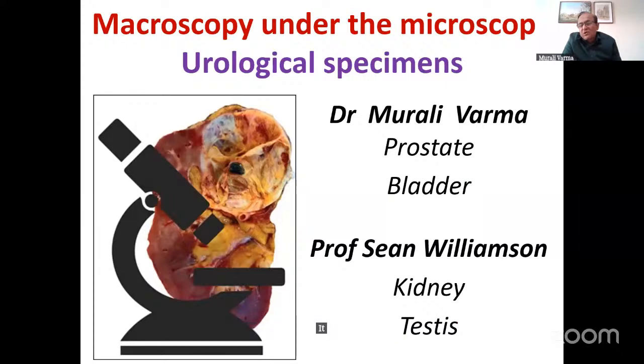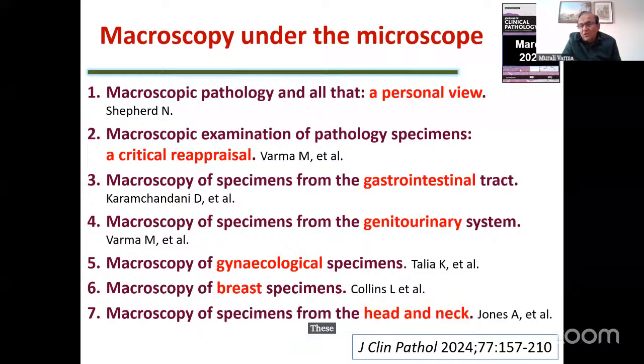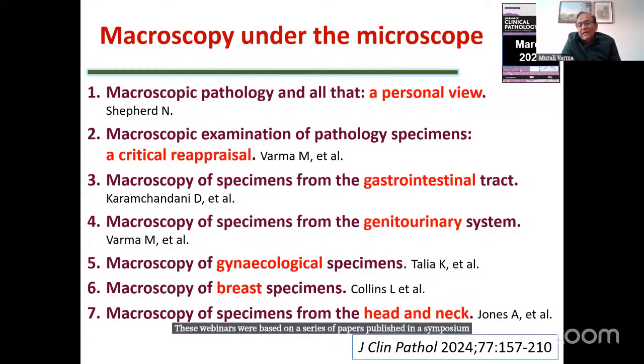It's part of a series of webinars which included a general session as well as sessions from multiple specialities. These webinars were based on a series of papers published in a symposium in the Journal of Clinical Pathology, the March 2024 issue of JCP. These papers are now made open access, so they will be available to view and to read without a subscription.